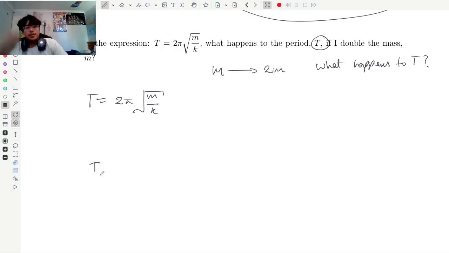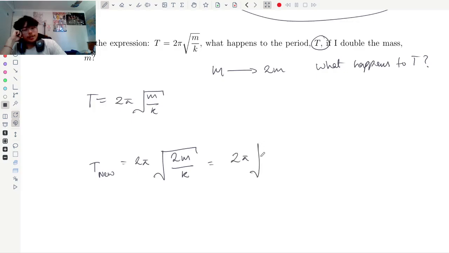So then I have t new is equal to 2 pi square root of 2m on k. And what I can do is write this as 2 pi times square root of 2 times square root of m on the square root of k.